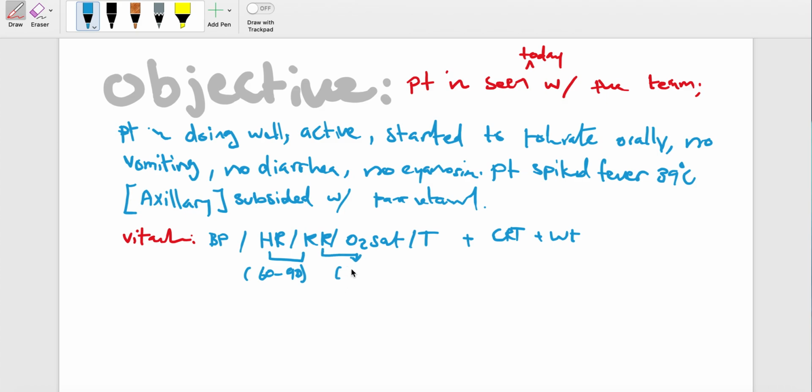It depends on the age, but let's say from 16 to 20. So minimum to maximum.